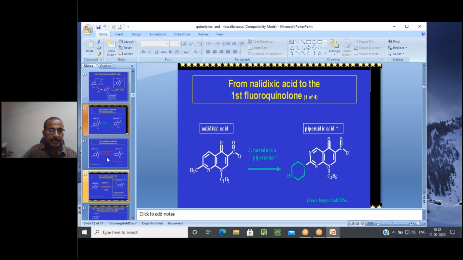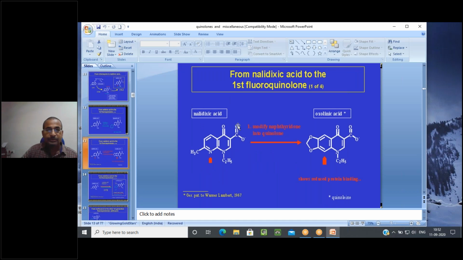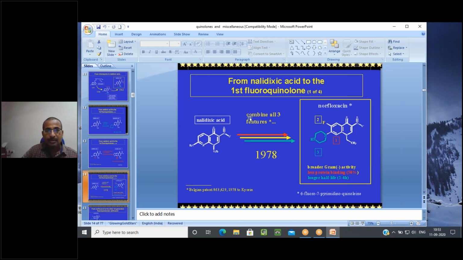One more thing: nalidixic acid gives rise to oxolinic acid by modifying its structure. Then nalidixic acid to norfloxacin, the newer products.